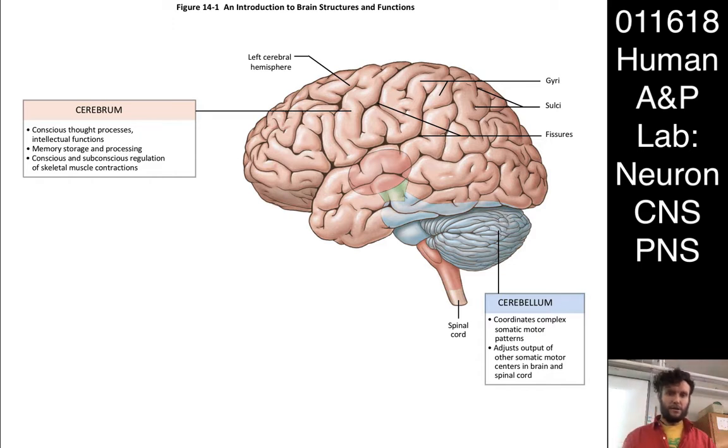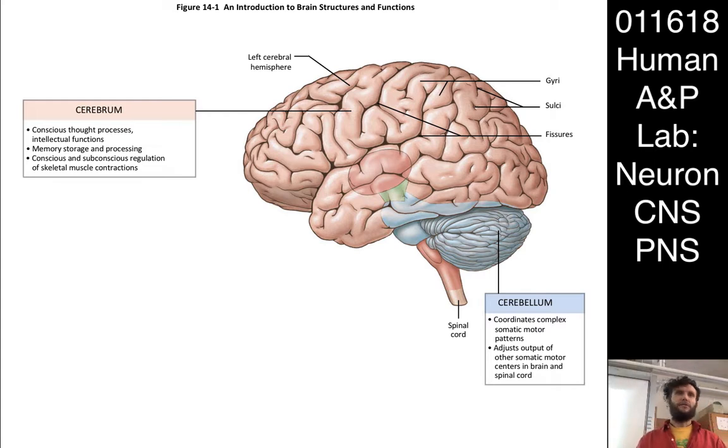So the two most obvious portions of the brain are the cerebrum and the cerebellum. The cerebrum is the big cauliflower thing sticking on top that most people think of when they think of the brain.